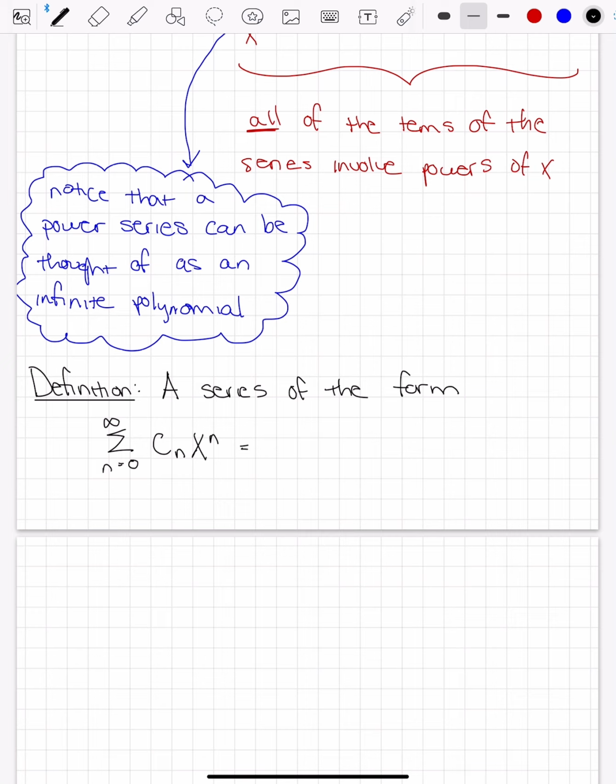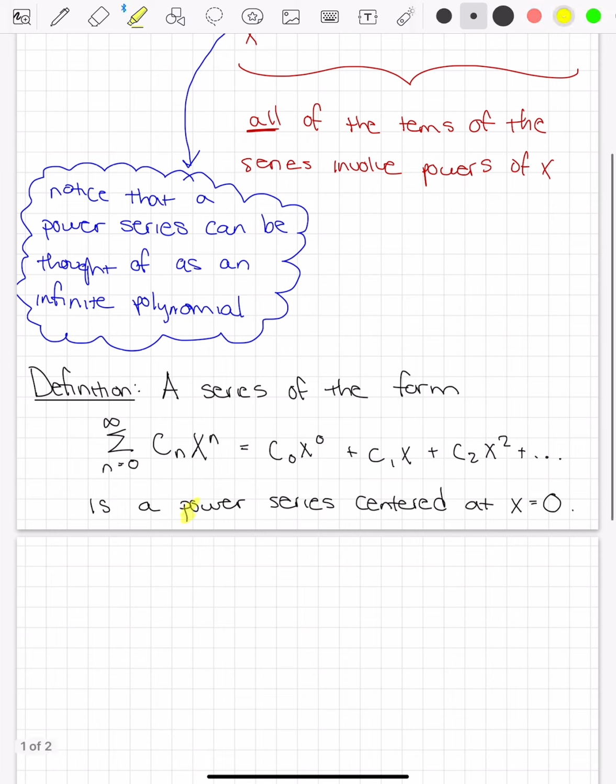When you plug in 0, that's C0 x to the 0, plus when we plug in 1, that's C1 x to the 1, plus C2 x squared, and so on and so forth. And this is a power series centered at 0.